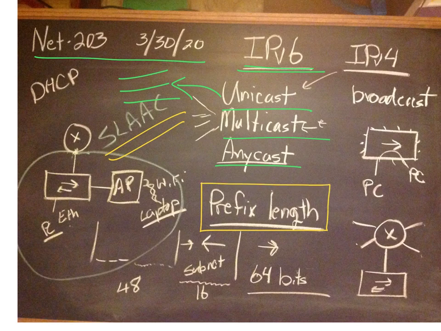I already talked about this. Prefix, right? Typically 64 bits. We take the 128 and split it in half. Usually the subnet is 16 bits and the provider 48 bits.